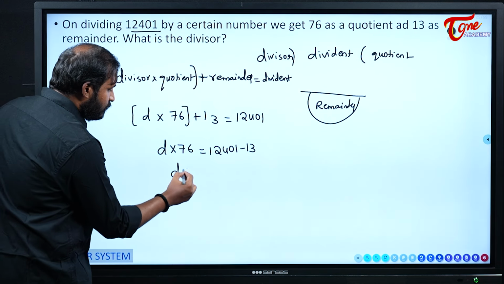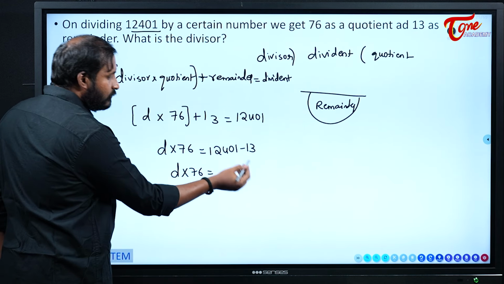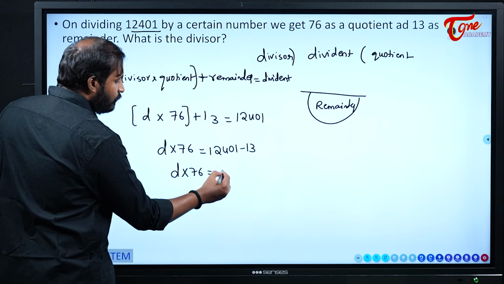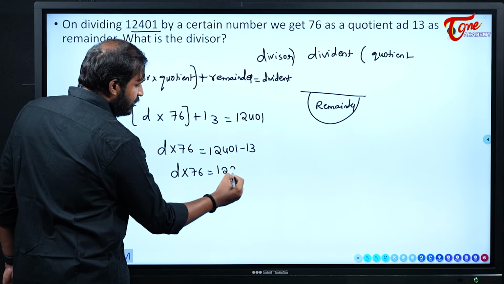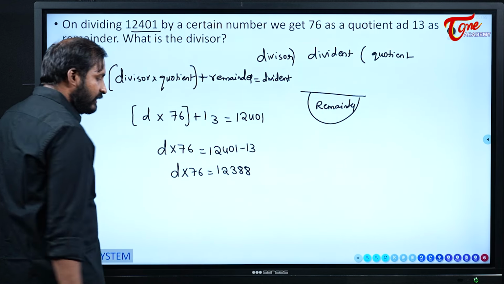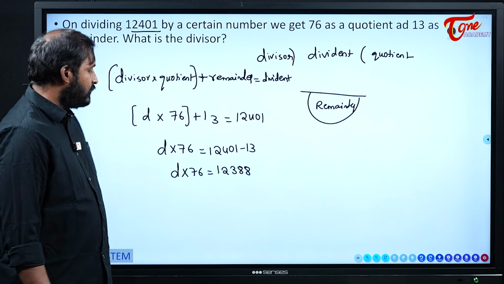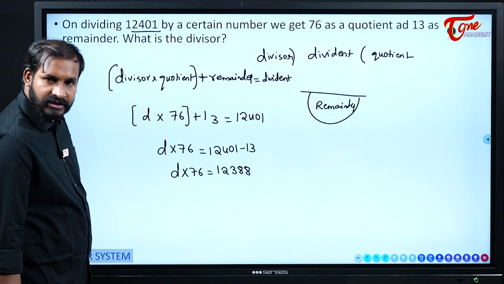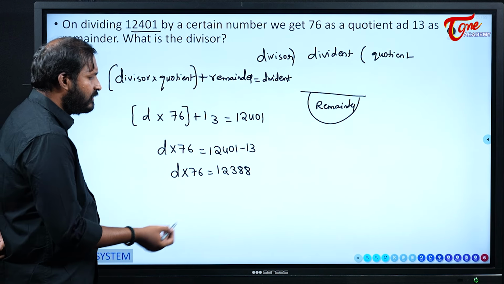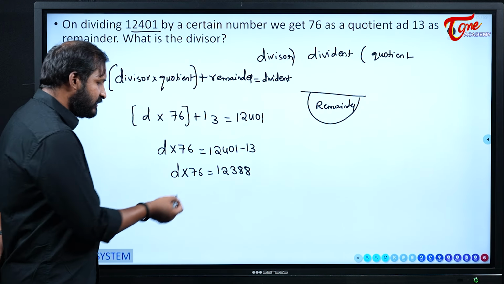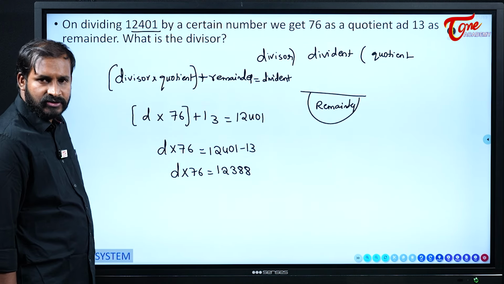So D into 76 is equal to 12388. Now you can directly cancel it, there is nothing wrong in that, or else do any other mathematical operation. But my suggestion is you can directly cancel it.